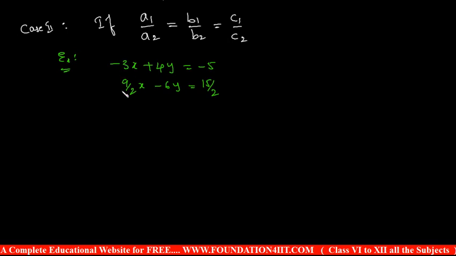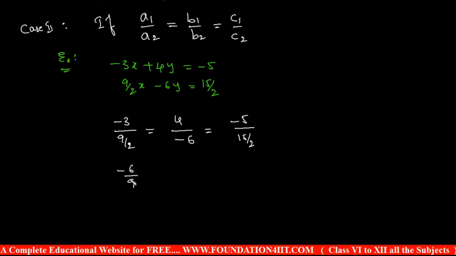If you observe, minus 3 is a1, this is b1, c1, and a2, b2 and c2. Minus 3 by 9 by 2, and next is 4 by minus 6, and this is minus 5 by 15 by 2. One can verify whether these are equal or not. So minus 3 by 9 by 2 is minus 6 by 9, the reciprocal.